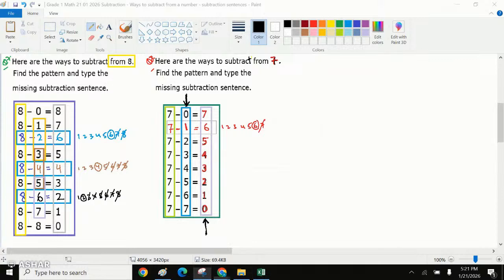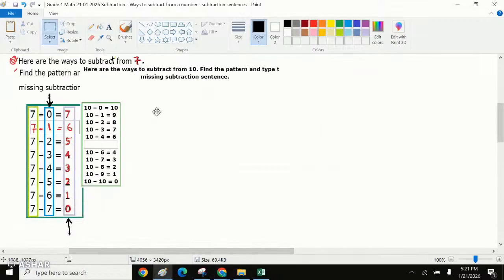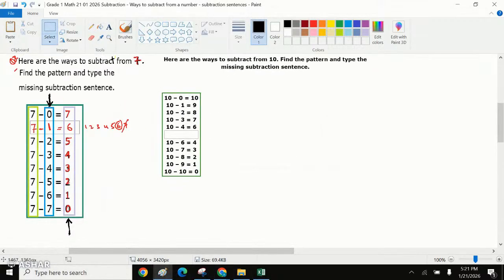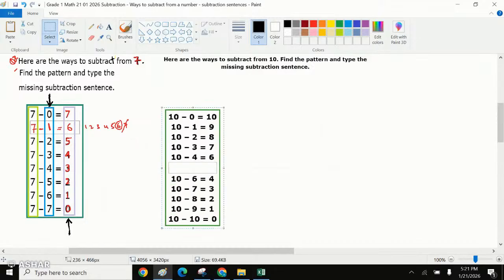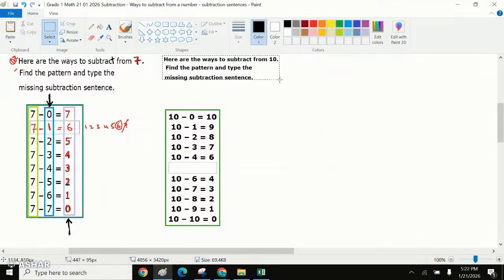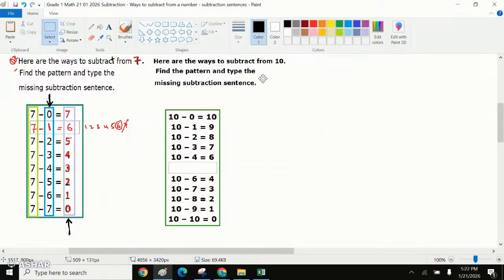Okay, the next question says subtracting from 10. Let's put it down over here and realign. Just realigning, just a moment, please. Here are the ways to subtract from 10 and find the missing numbers.